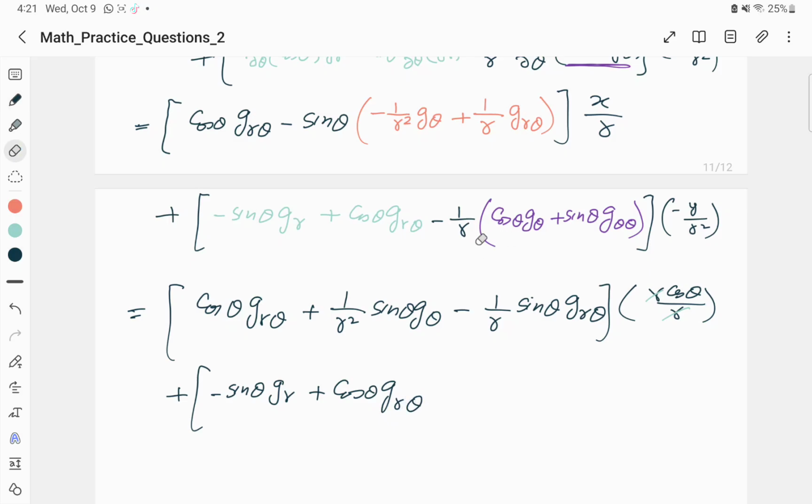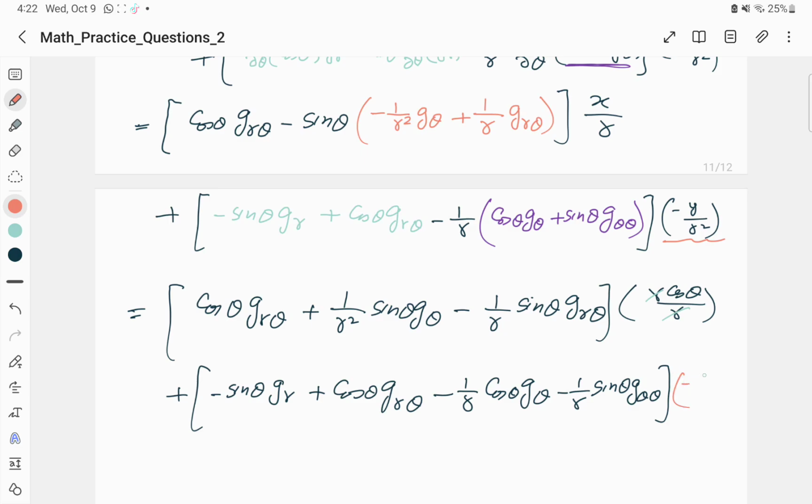Okay, let's multiply negative 1 over r inside. So it will become negative 1 over r cos theta g_theta, and negative 1 over r sine theta g_theta theta. And here we have this expression negative y over r square.